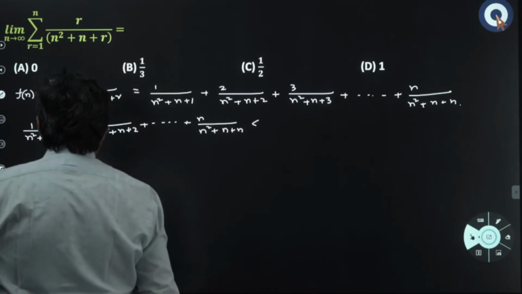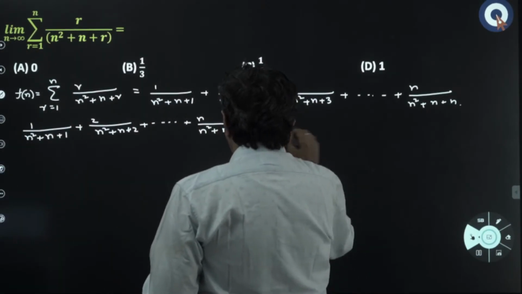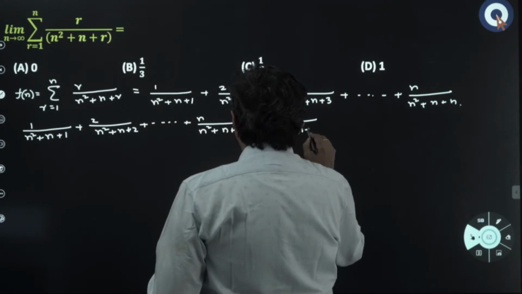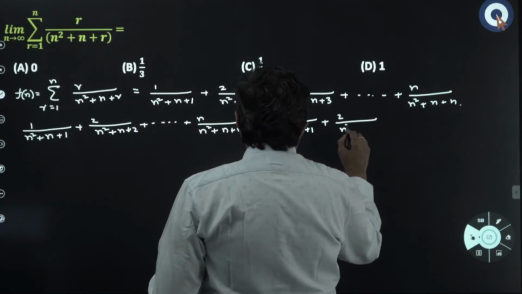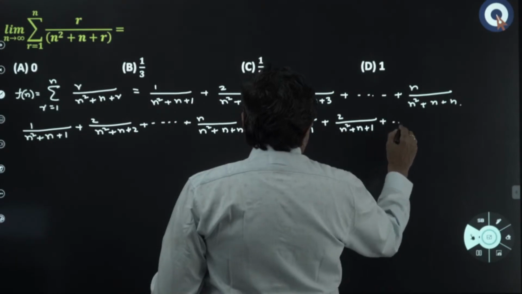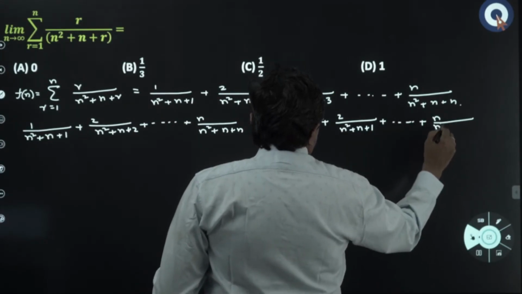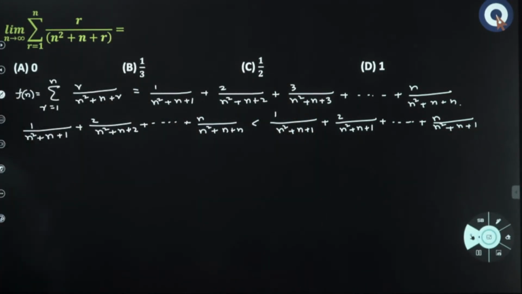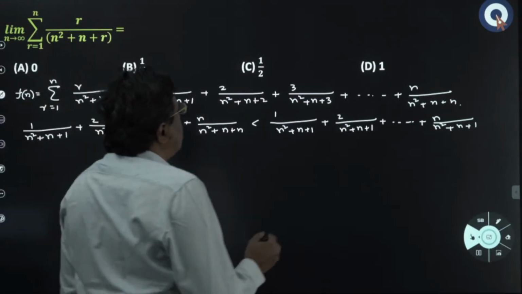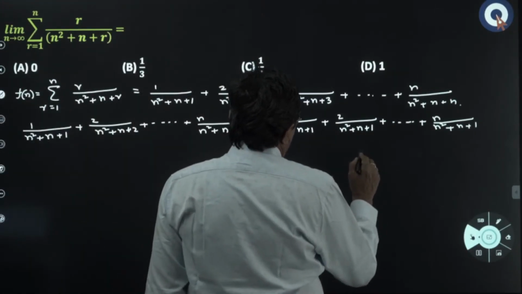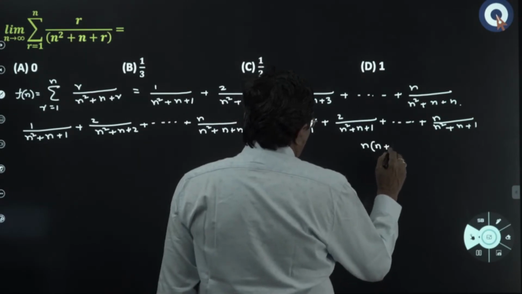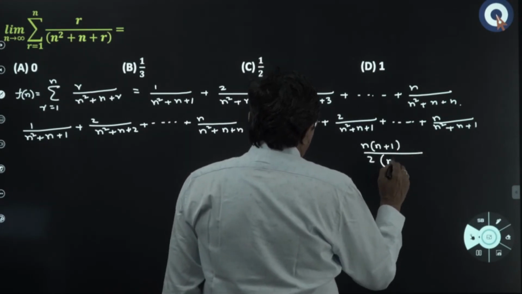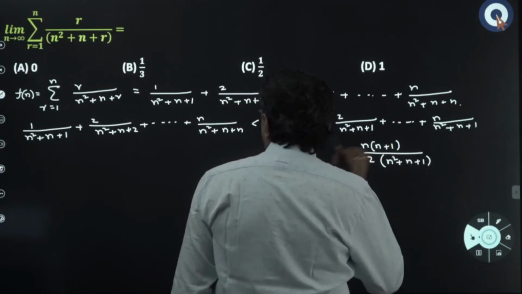This is less than 1 by (n square plus n plus 1) plus 2 by (n square plus n plus 1) and so on up to n by (n square plus n plus 1). Is it not? So this is definitely possible. Right. So the right side of this is basically 1 plus 2 plus 3 plus etc. up to n, which is n into (n plus 1) by 2, into 1 by (n square plus n plus 1). Now this is one inequality.